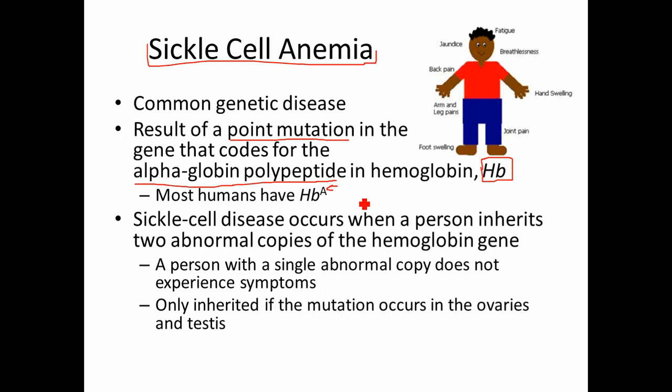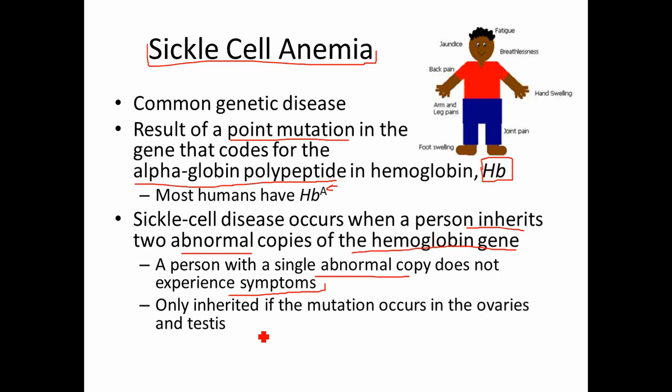Sickle cell disease occurs when a person inherits from mom and from dad two abnormal copies of a hemoglobin gene. A person with a single abnormal copy does not experience symptoms, has some protection from the disease malaria, and is able to have normal functioning red blood cells.